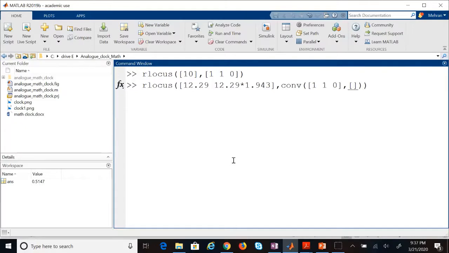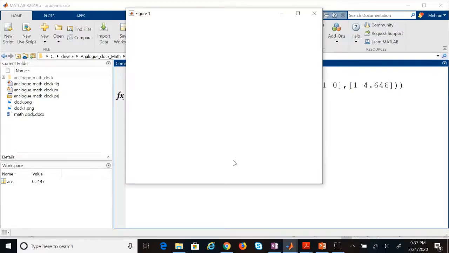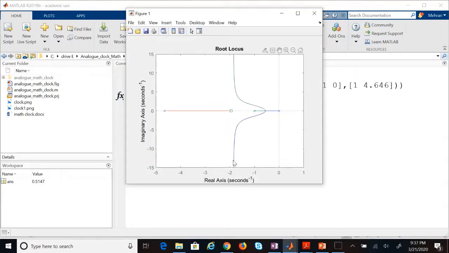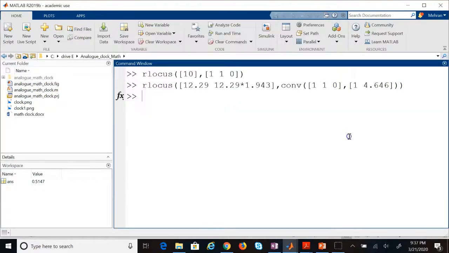The new term is a linear term with coefficients 1 and 4.646. Okay, so now let's look at this one. This is the new root locus, and I want to add the constant locus of zeta 0.5 and omega n 3 to it so that we see if they intersect or not.